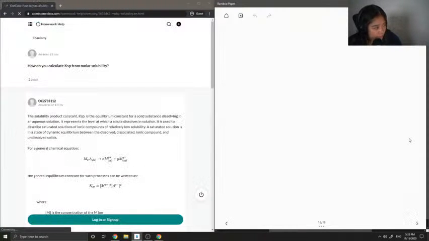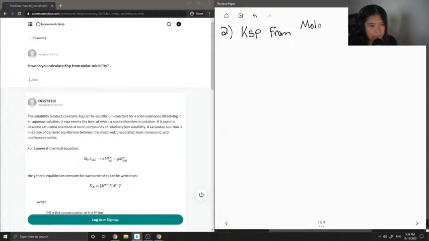Okay, so moving on to question number 2. How do you calculate KSP from molar solubility? So, KSP from molar solubility. First I'll write out the definition of molar solubility.